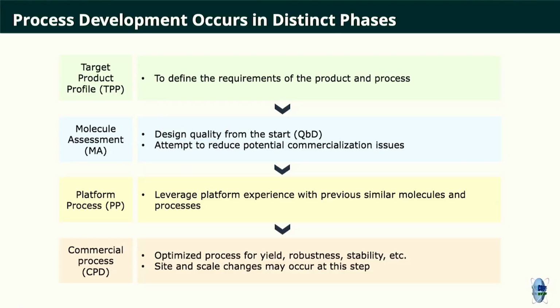Then comes platform process. You know, platform process is कि हम एक क्या बोले मॉड्यूल डेवलप कर सकें which can be used for producing different, say, antibodies. So, मान लो suppose you have made one antibody and that more or less is set in your company. Say you made rituximab. Now, this process you know, right?